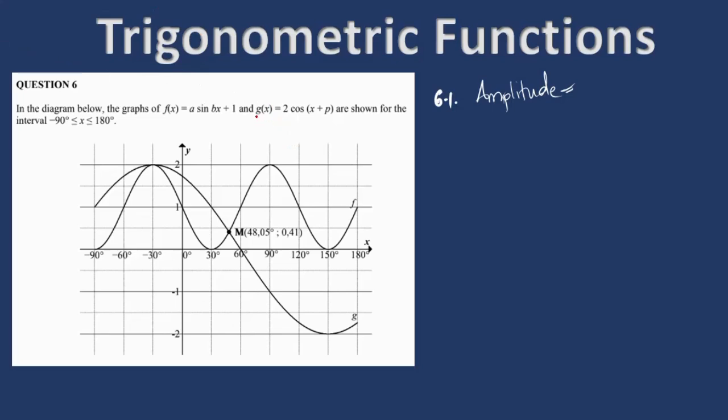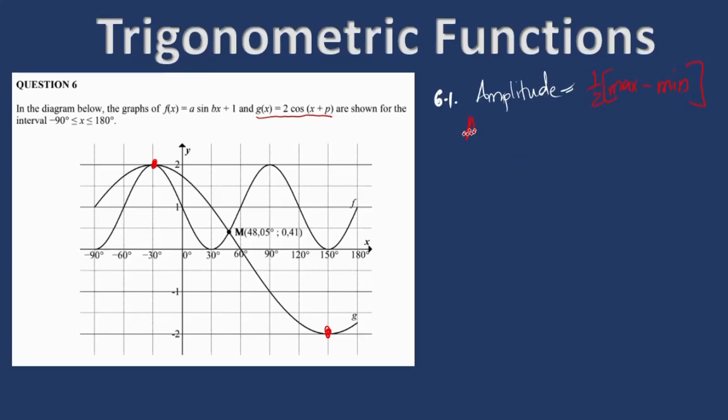Now, if the graph of g is a cosine graph, our amplitude is the highest point minus the lowest point, and then we divide that by 2. So the formula for amplitude is half of the maximum value minus the minimum value.